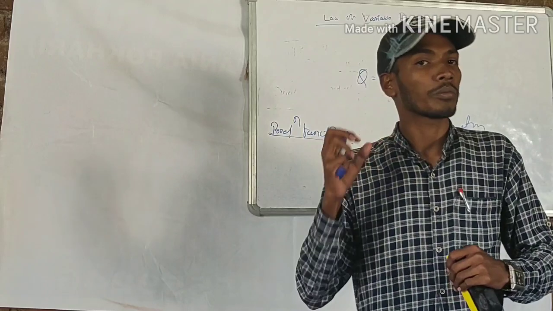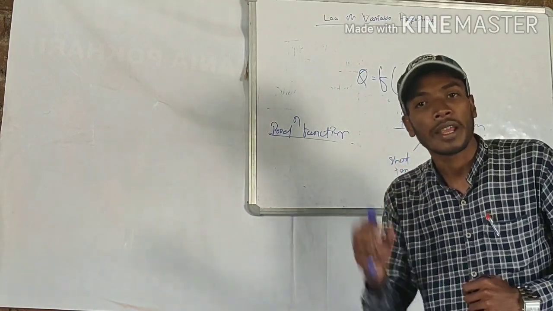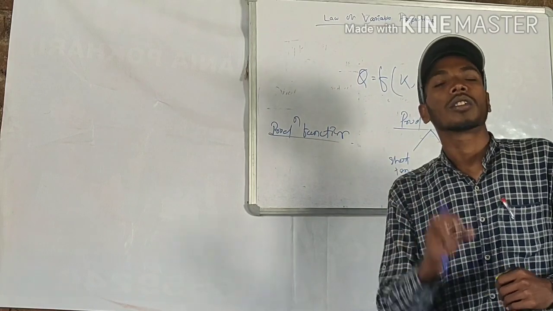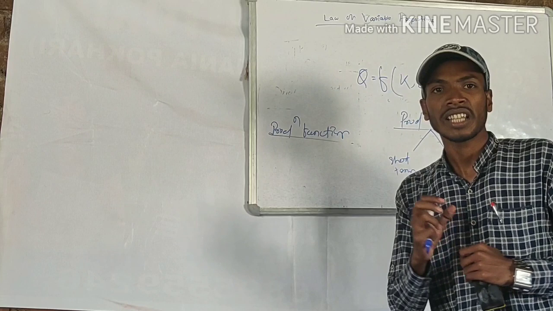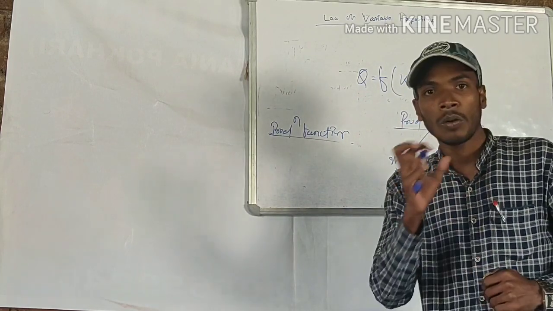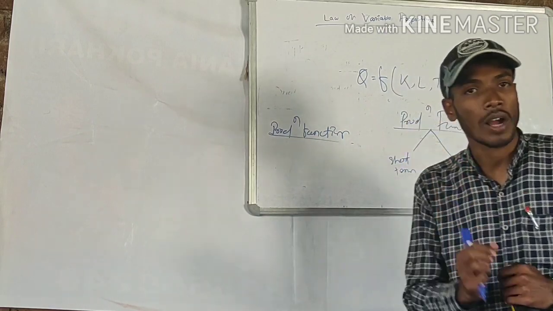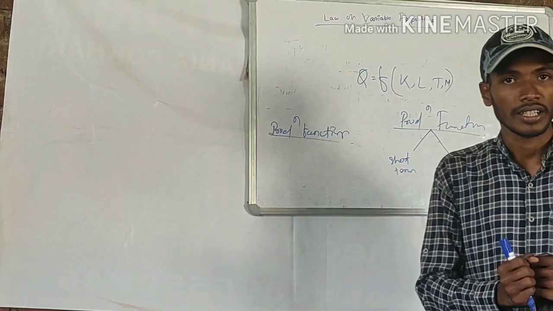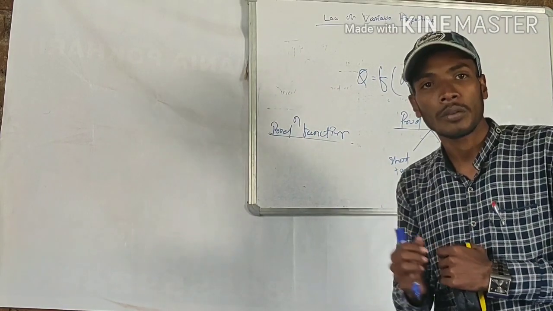So in the short term, production may take place through some fixed factors and some variable factors. You should never think that in the short term all factors are fixed, because a rational producer always wants to earn profit, either in the short run or the long run.